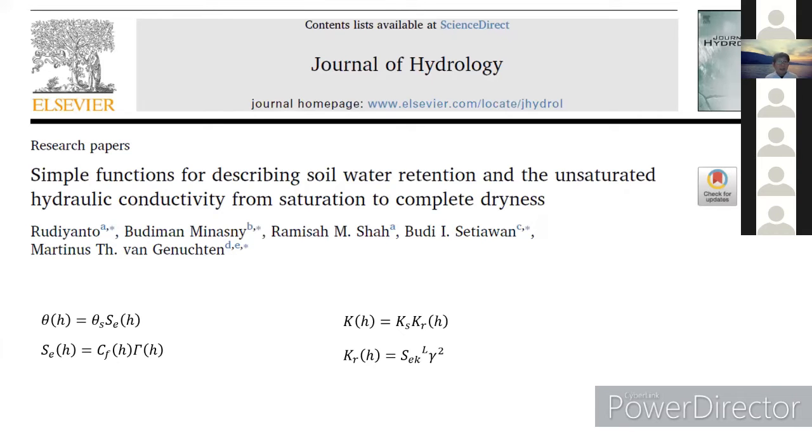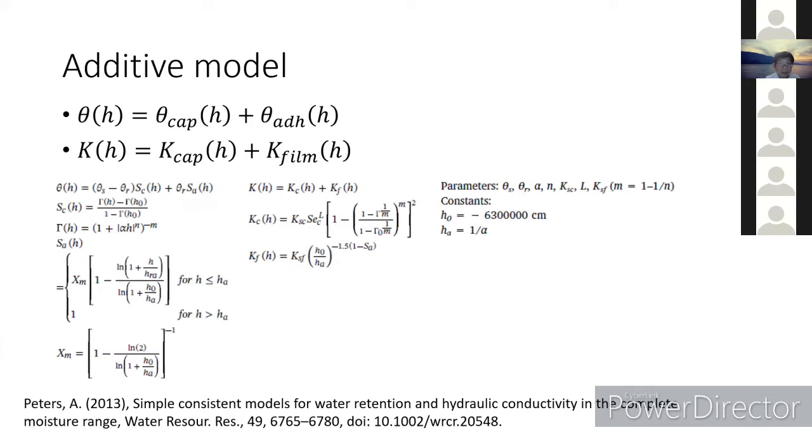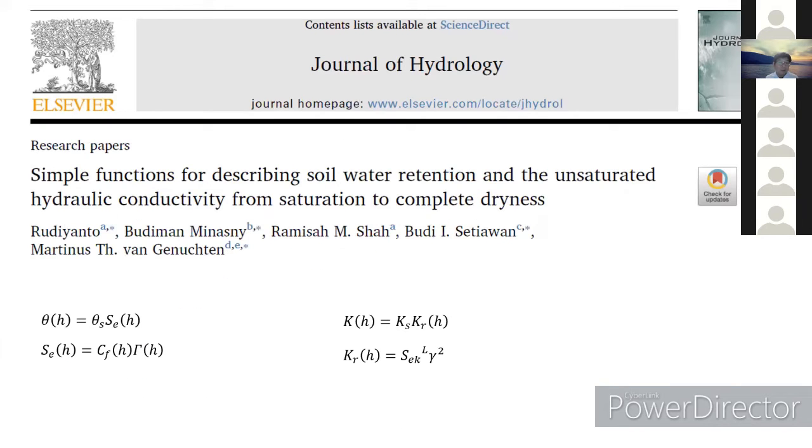So we look at another type of model rather than the additive model, what we call a scaling model. In the scaling model, rather than adding two functions, you multiply two functions. So for the water retention, you multiply the saturation index with the saturated water content.